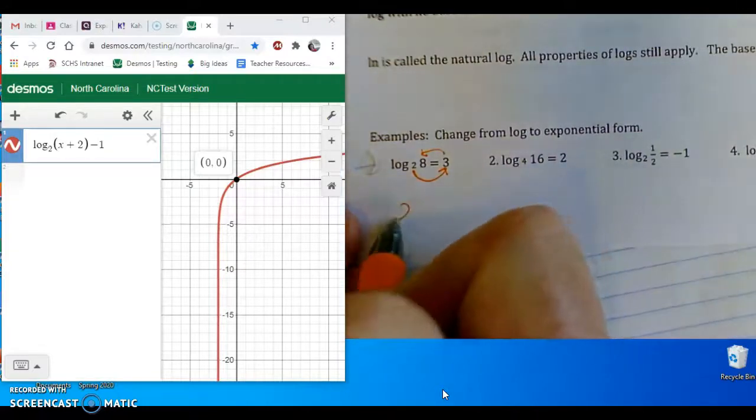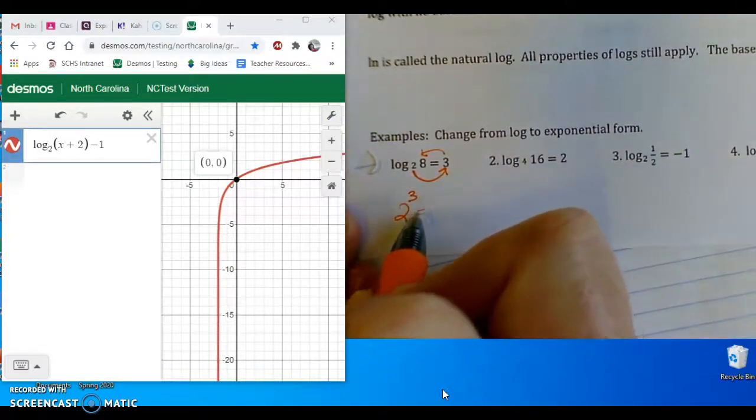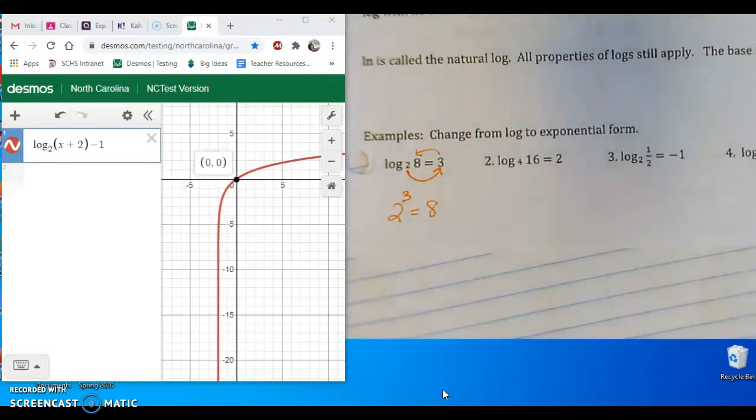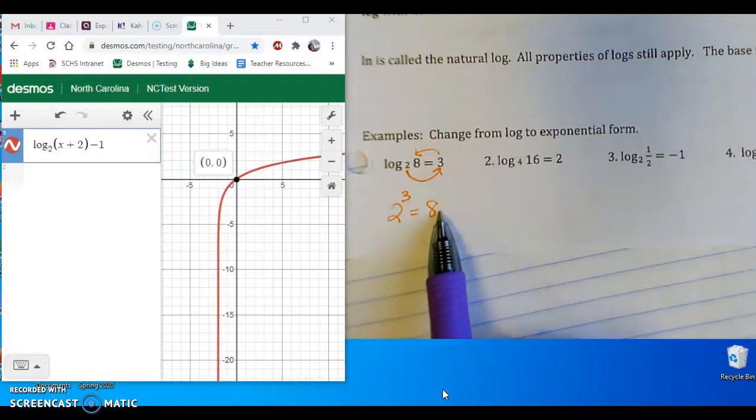So this would be 2 to the third equals 8. When you're doing it, you do look at what you have and decide, does that even make sense? Does it make sense that 2 to the third power is 8? Yeah, it does. So that would be correct. You won't always be able to make sense of it, but sometimes you will.